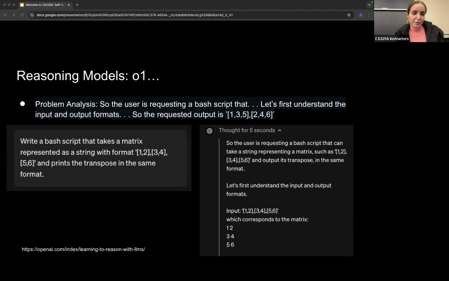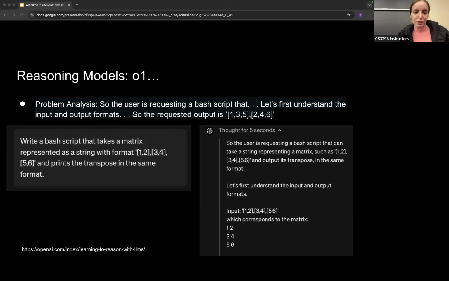Here are some examples. The problem here is: write a bash script that takes a matrix represented as a string in this format and prints the transpose in the same format. The first part is the problem analysis. The model is repeating parts of the question in the beginning and says, let's first understand the input and output.